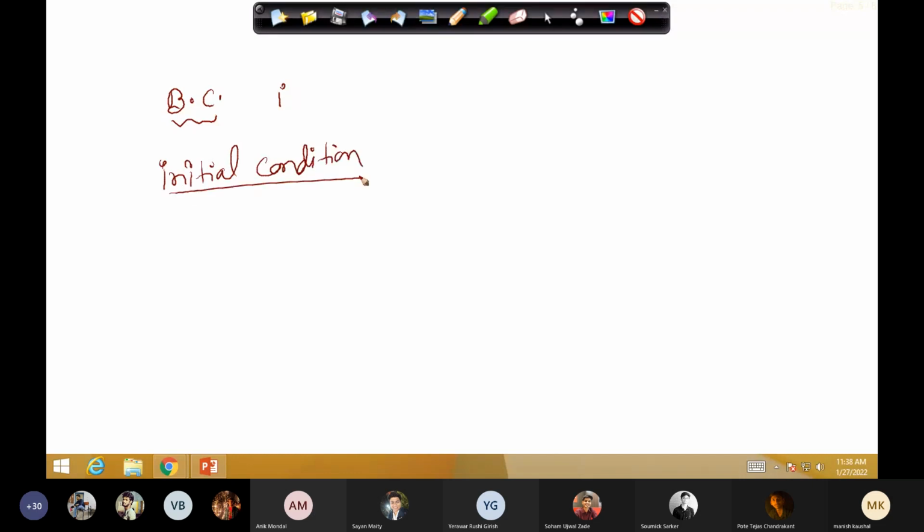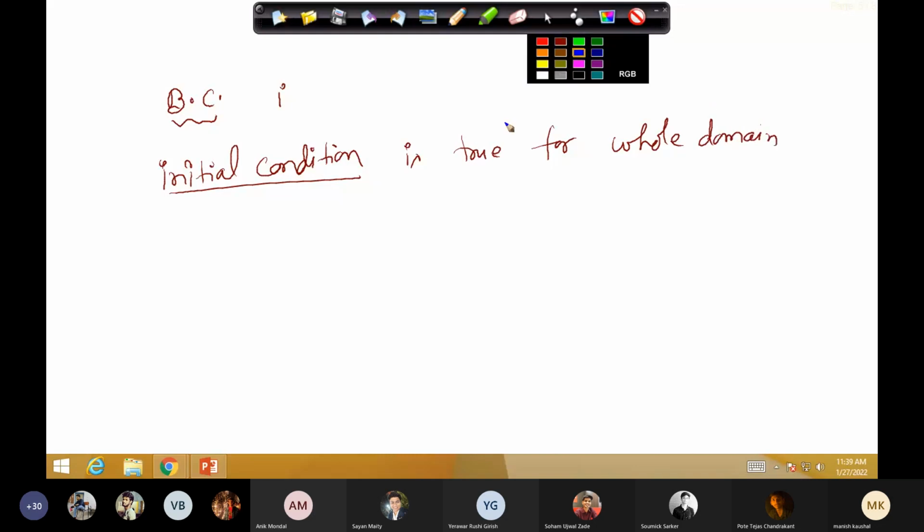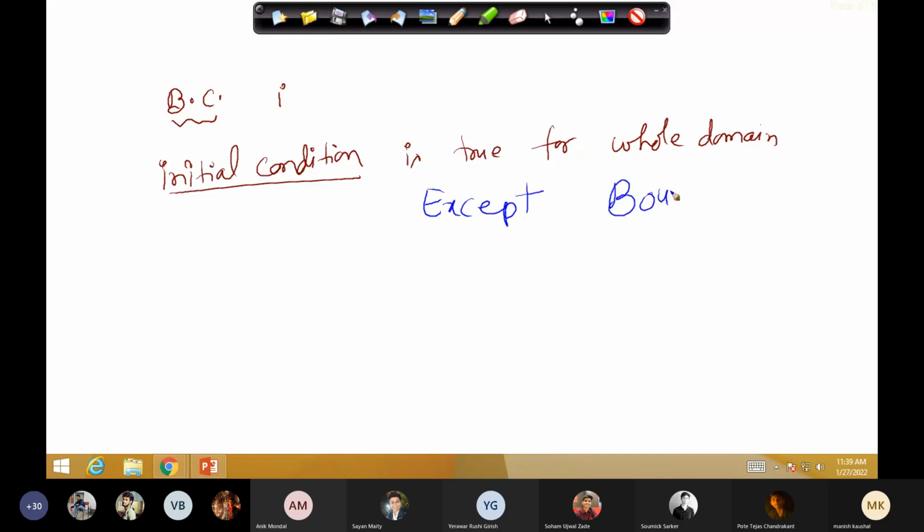This initial condition is true for the whole domain except, what? Boundary. That's why we have special boundary condition. That's what you should always remember. Boundary condition you cannot account both together. Boundary is boundary.